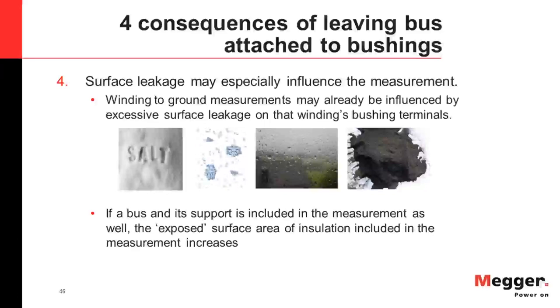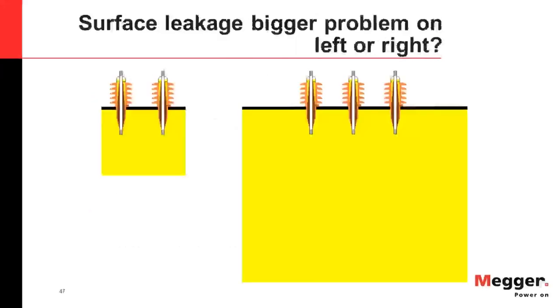And you would correctly answer, the one on the left, because as the surface area of a specimen becomes larger relative to its overall insulation size, surface leakage has a greater probability of being a problem and affecting the measurement. And as a rule of thumb, if humidity is above 80%, really good luck to you getting a good reading, particularly on assets that are most vulnerable, like bushing testing, or testing on instrument transformers, and so forth.